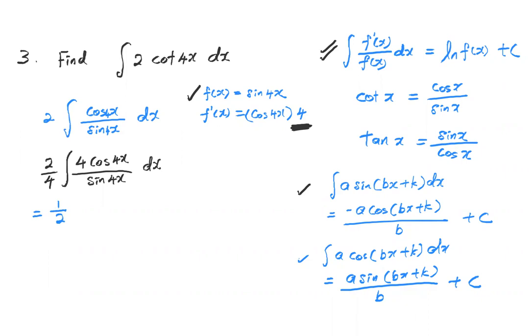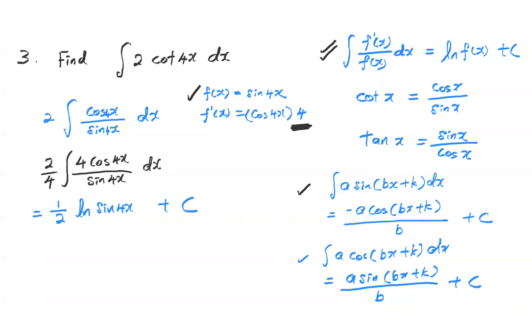So if I integrate this, I will get ln sin 4x plus c. You get me? If you don't want, you just remember you have to divide by 4 because it's 4x.